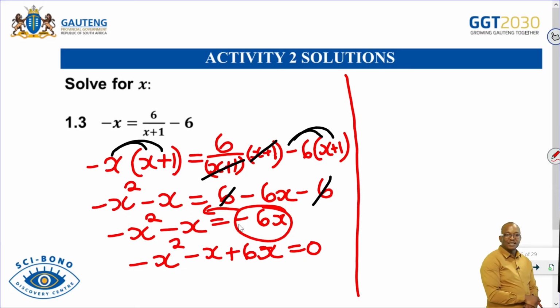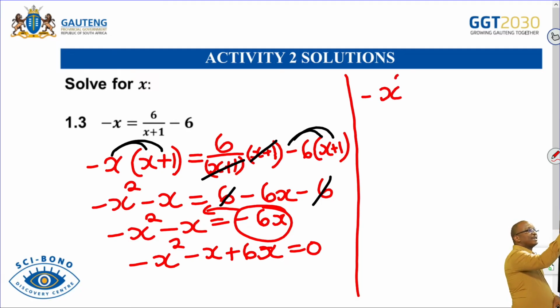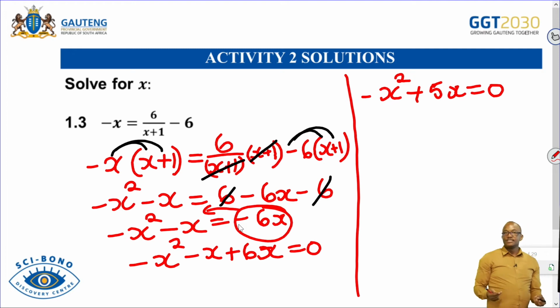Remember, when it crosses the equal sign, it changes the sign. Then now we're going to have negative x squared minus 1 plus 6, we are going to have plus 5x is equal to 0.